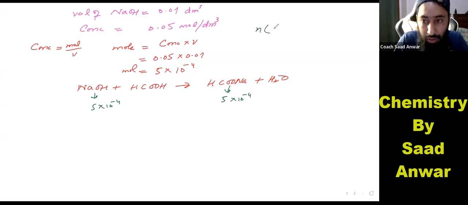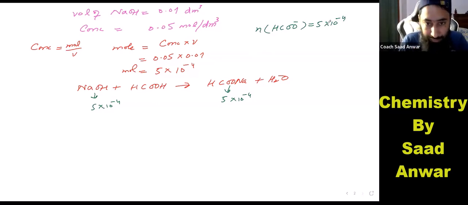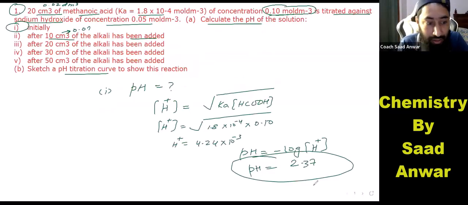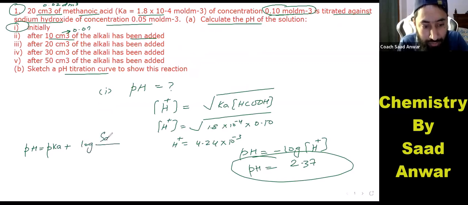So I can also write that the moles of this salt is 5 into 10 raised to power minus 4. Basically, I have to use the Henderson equation, and this is the Henderson equation: pH is equal to pKa plus log of concentration of salt over acid.